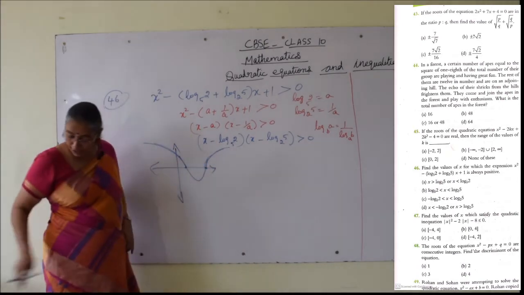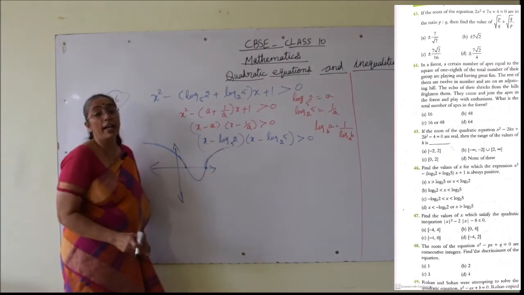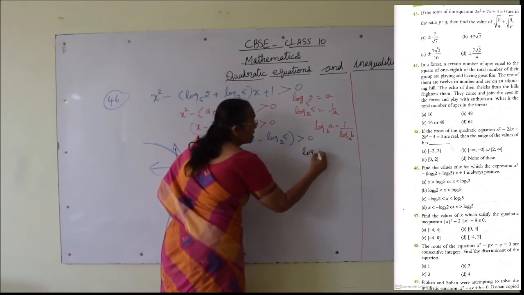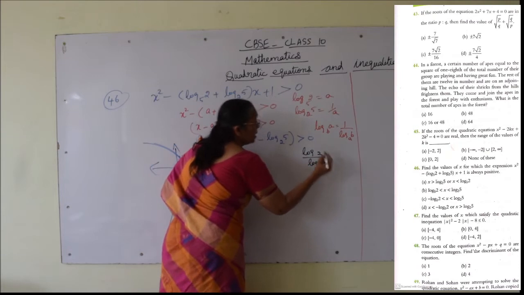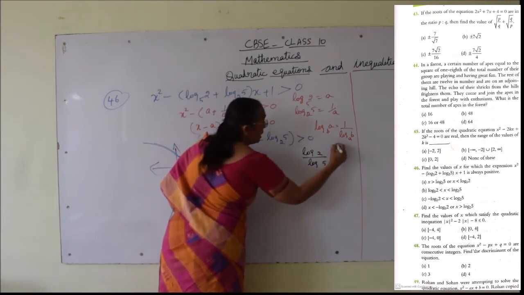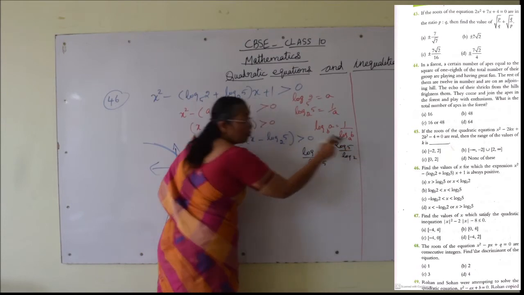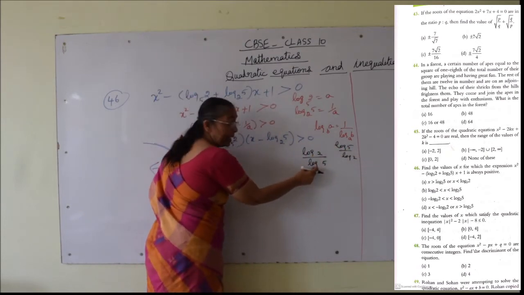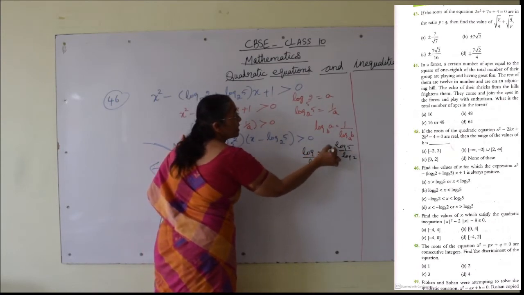Now, you have to find out which is alpha and which is beta. Among these two, we have to find out which value is less. See, log 2 base 5 can be written as log 2 by log 5, and this one can be written as log 5 by log 2. So, log 5 value is greater than log 2, and this greater value is in the denominator. So, obviously this is the greater one and this is the lesser one.